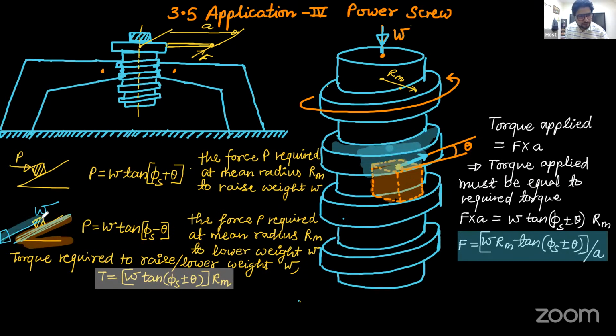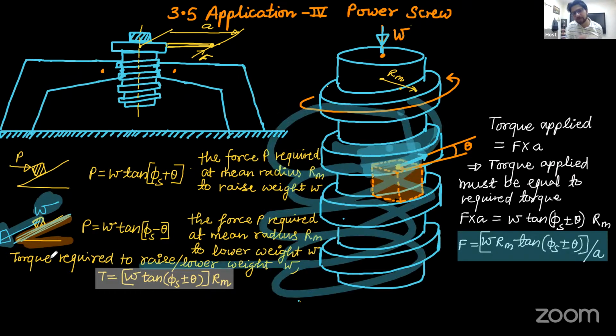So the observation is pretty simple: just like a block can automatically fall down the inclined plane, similarly the screw can automatically start sliding down the internal threads. You imagine the screw like this, and that screw is going to automatically slide down the internal threads of the nut.